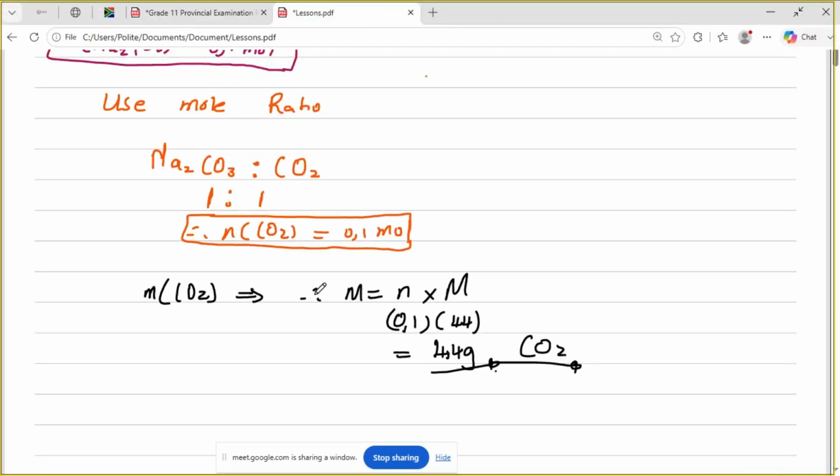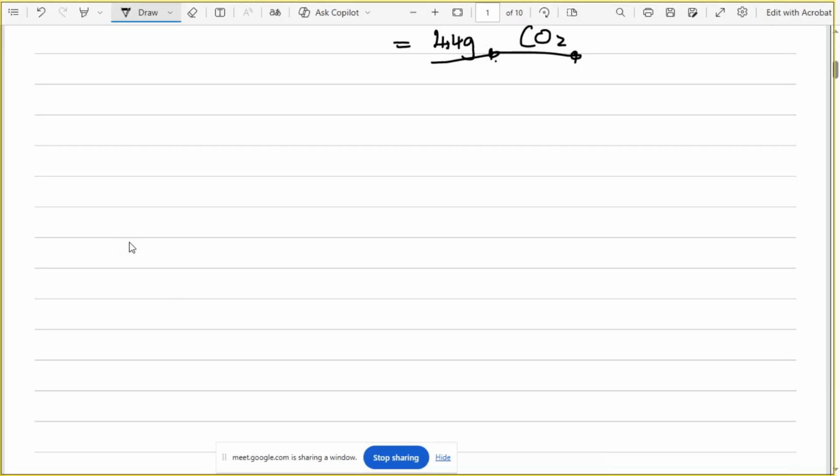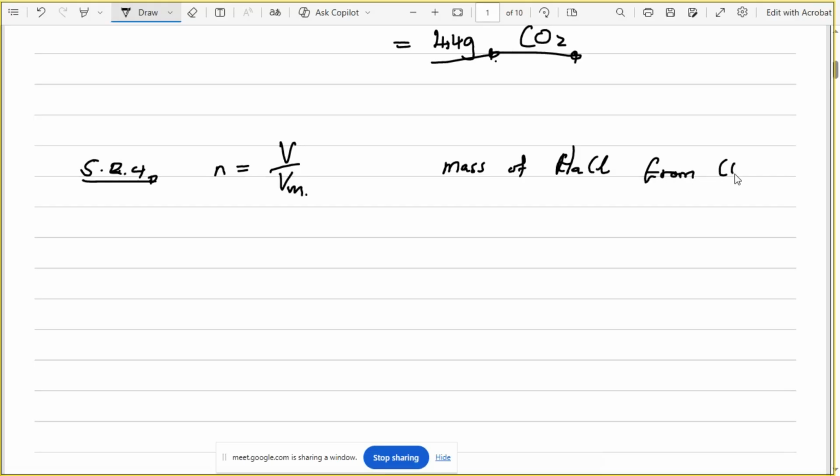I'll definitely write my formula down. So this is 5.2.4. On this formula, we said the number of moles is V over Vm. And now we are looking for the mass of sodium chloride from the CO2 volume.